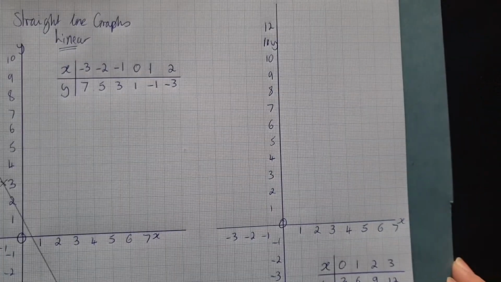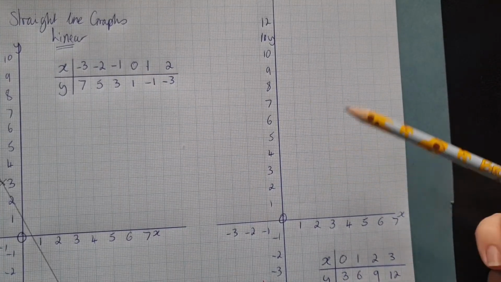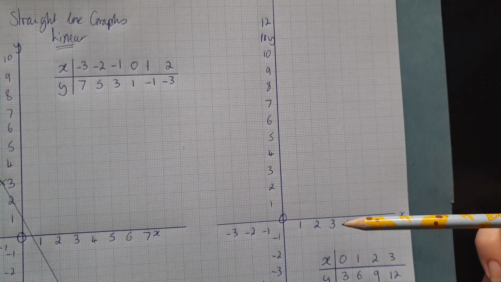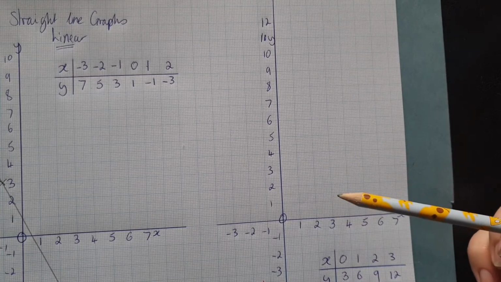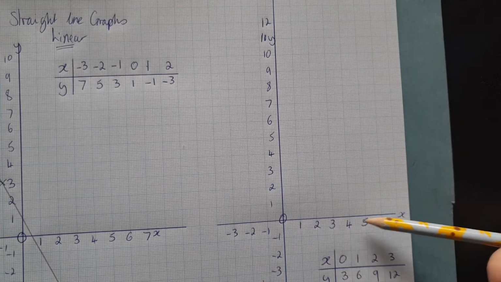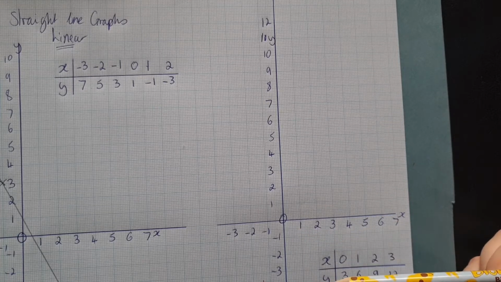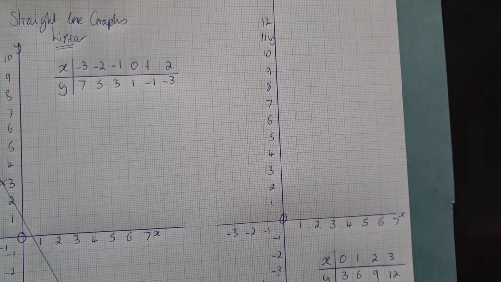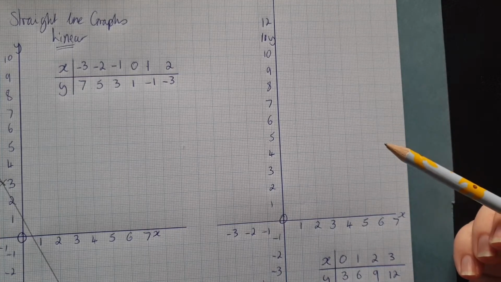Okay, over to you. So I've got another blank pair of axes drawn out. Again, you can draw them by hand or you can print them. If you're drawing them by hand, make sure your numbers are going on the major lines, not between, because if you get your scale wrong, that will make a difference to your plotting points.